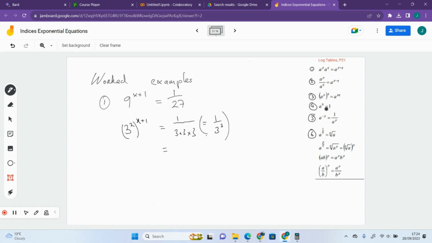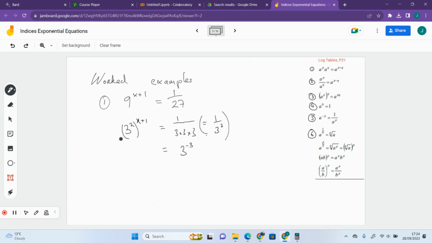This doesn't, this doesn't, but this does. 1 over a to the power of p is the same as a to the power of minus p. That's when we were talking about the reciprocal. So 3 to the power of minus 3 is the right thing to put in here. That's equivalent to this fifth rule. So that's that part, fully simplified to the base 3.